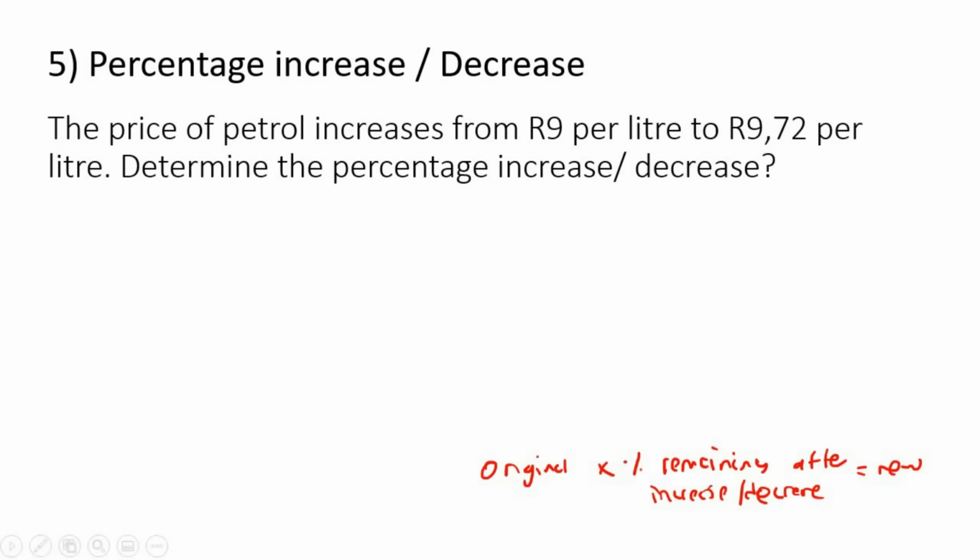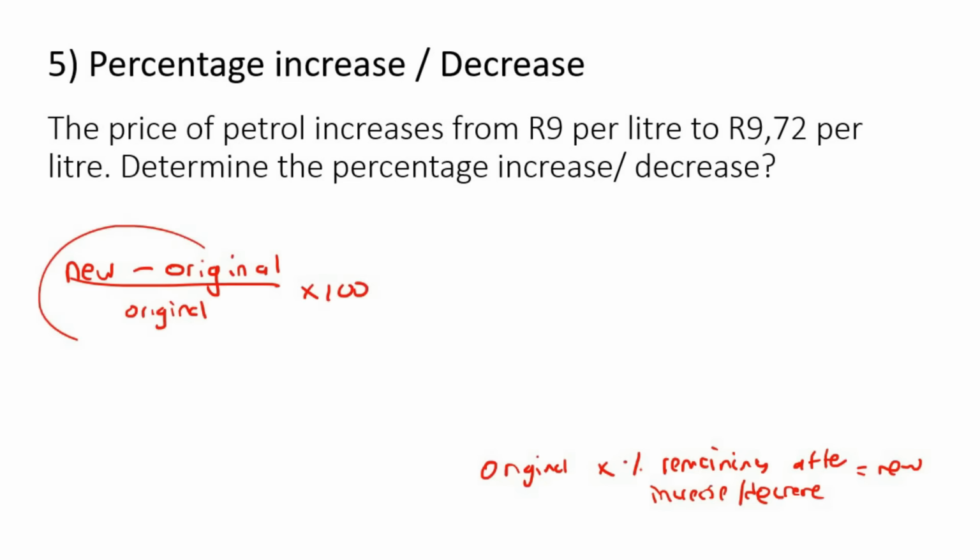However, your teacher, and I don't blame this next part, because I use this formula with a lot of the students that I used to personally teach. I also like this formula. It goes like this: the new price minus the original price, divided by the original price, multiplied by 100. That is a nice formula. I like that one. So it's completely up to you.